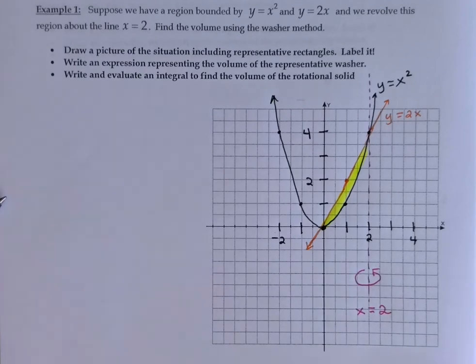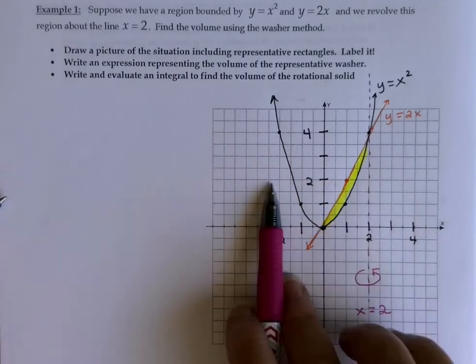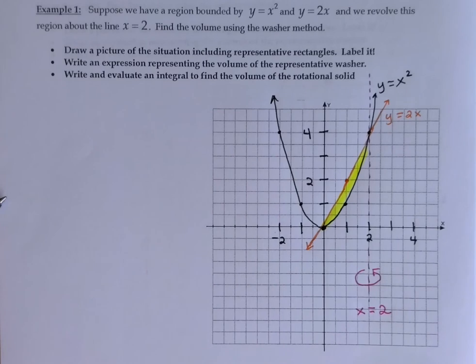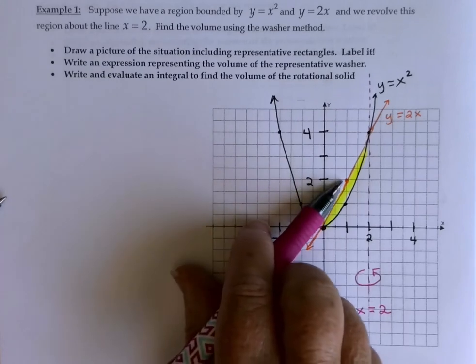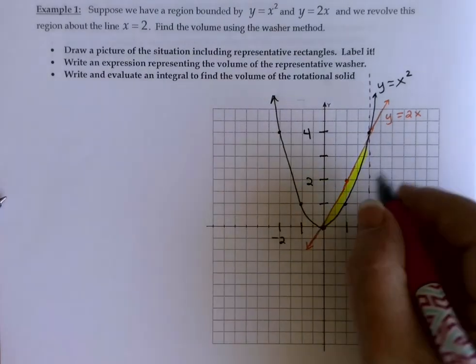And when I go to draw my representative rectangles, once again, I always want to draw perpendicular to the axis of rotation. So these are going to be horizontal again. And I always want to draw my rectangles so they end on that axis of rotation. So this time, from the axis of rotation to the furthest part of our region would go to the line.